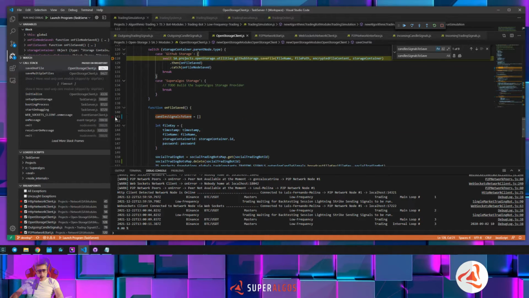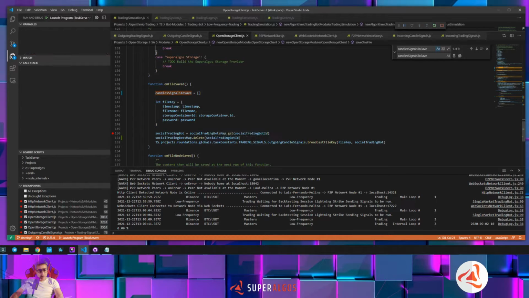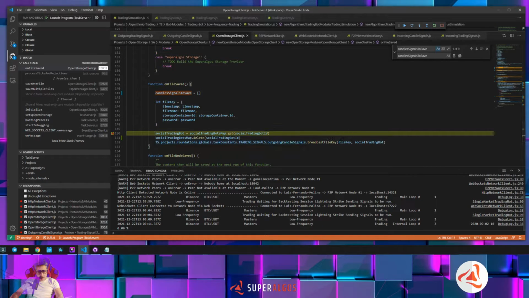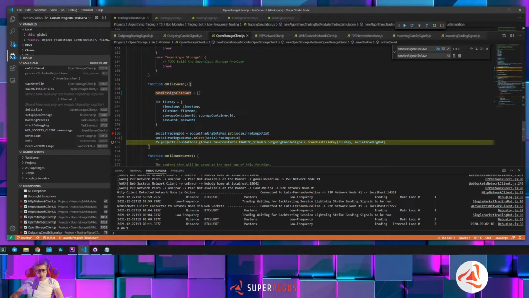Okay, this is unnecessary because it's a parameter that is going to die anyway. But let's check this out. Saved. So we get a social trading bot. We clear this map too.